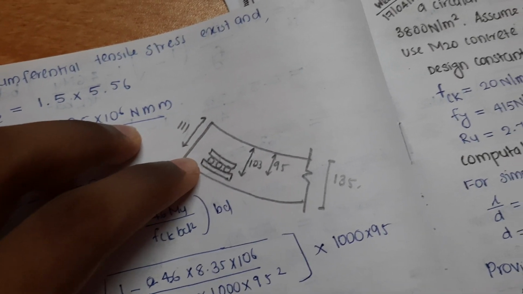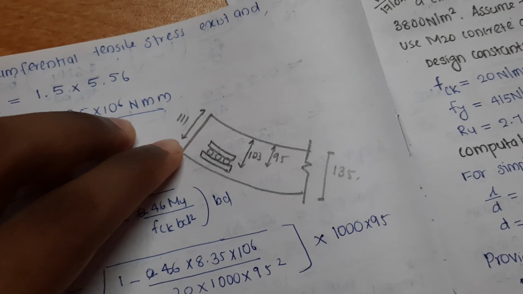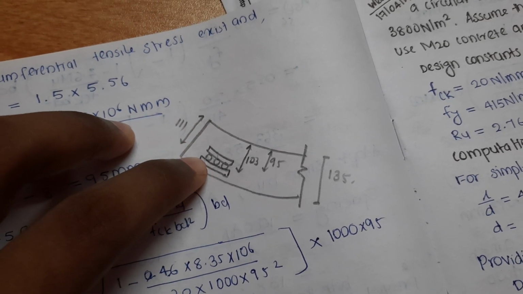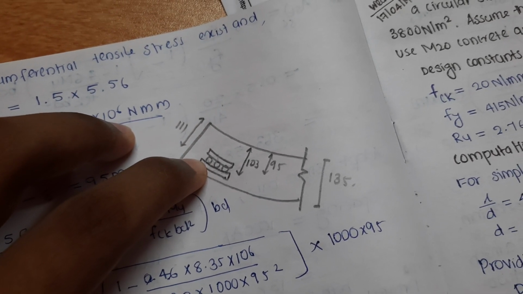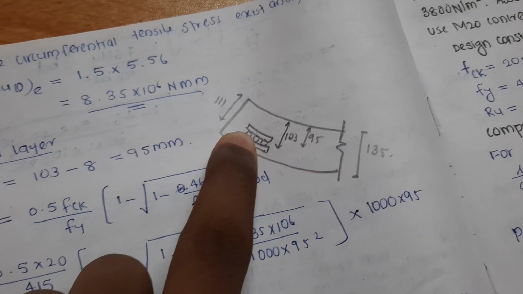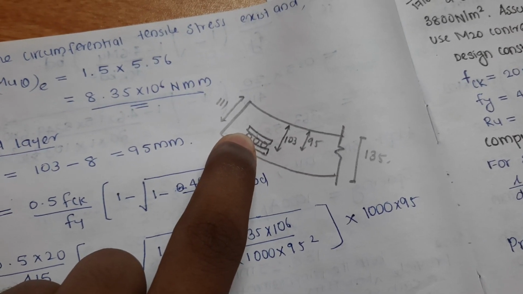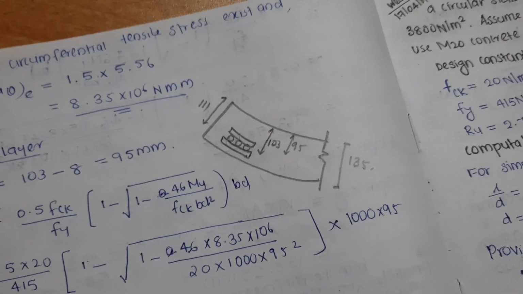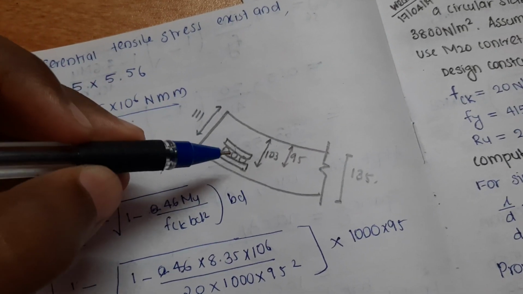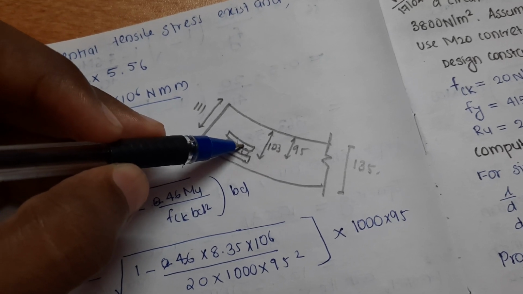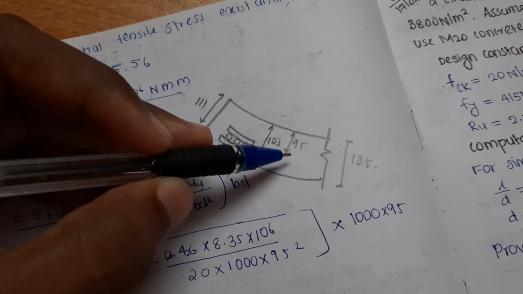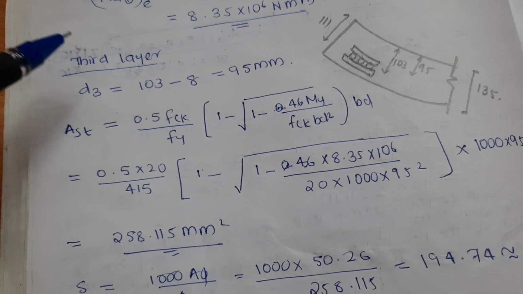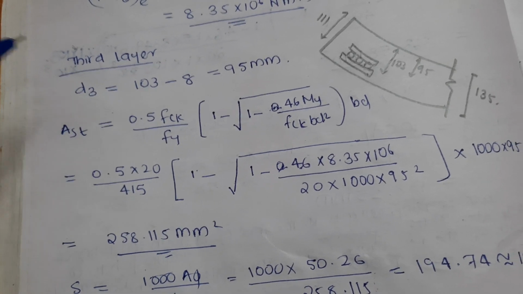That you all know how to find out. That is 111 mm effective depth to the bottom reinforcement, that is 103, minus 8 mm, that is to the center of the third layer of reinforcement. That is 95 is the value of effective depth in case of third layer.